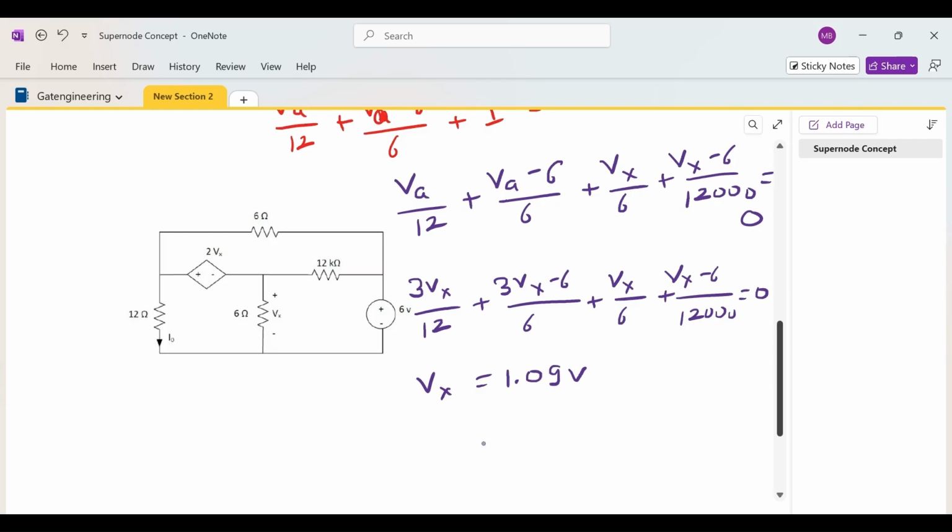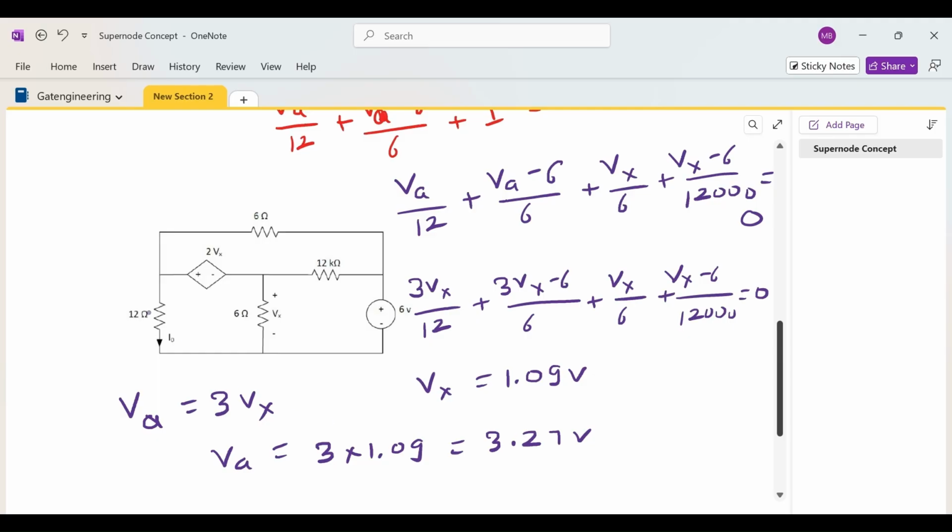We got the value of Vx as 1.09 volt, and we have already observed that Va is equal to 3Vx. So Va can be calculated as 3 multiplied by 1.09, which is 3.27 volt. Now, what is our aim?